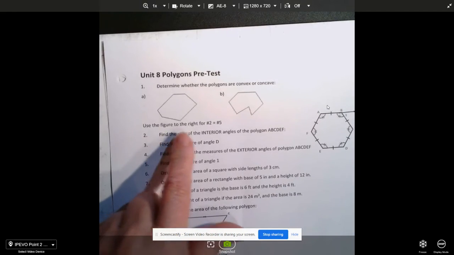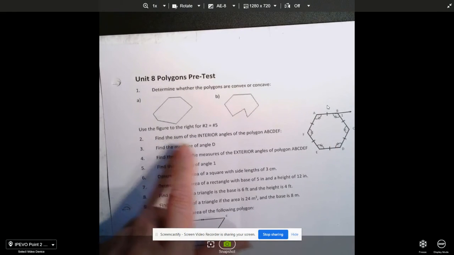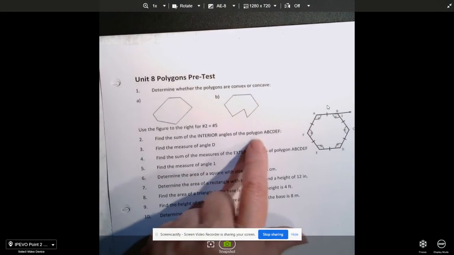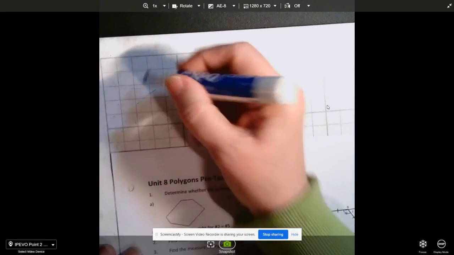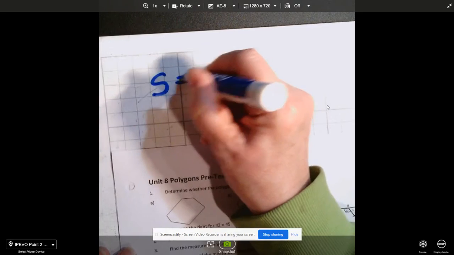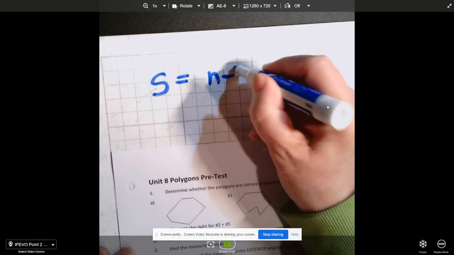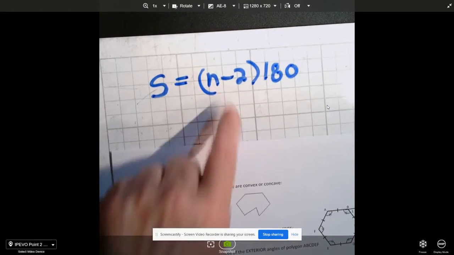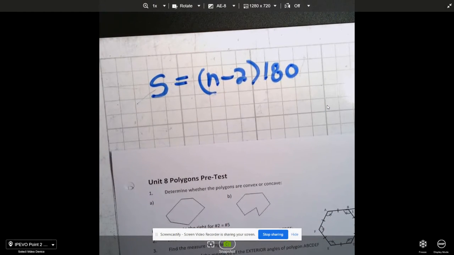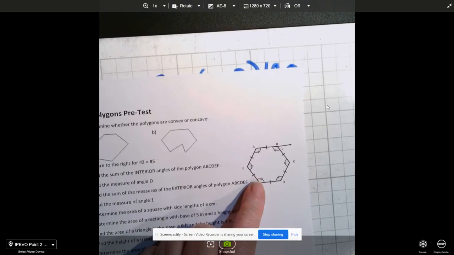All right, it says use the figure to the right for numbers 2 through 5. So it says find the sum of the interior angles of this polygon. First of all, if you remember, the formula for the sum of the interior angles is n minus 2 times 180, where n is the number of sides. So all we really need to do is count the number of sides.